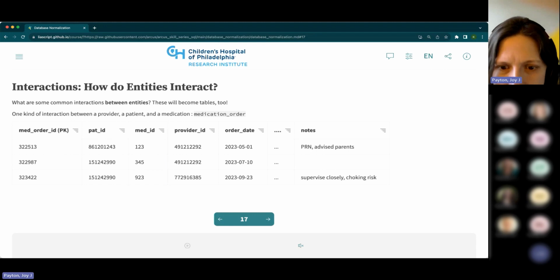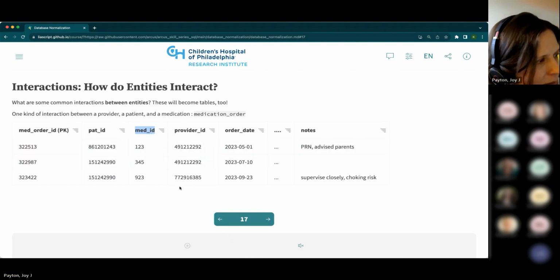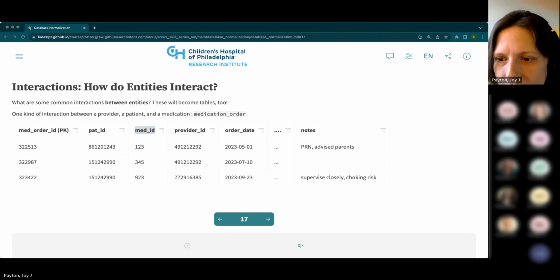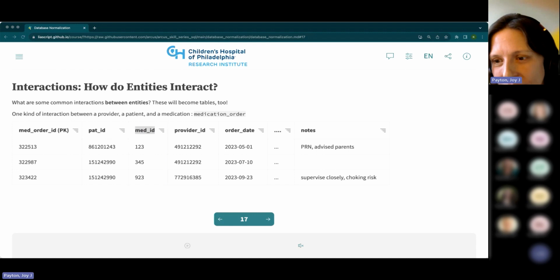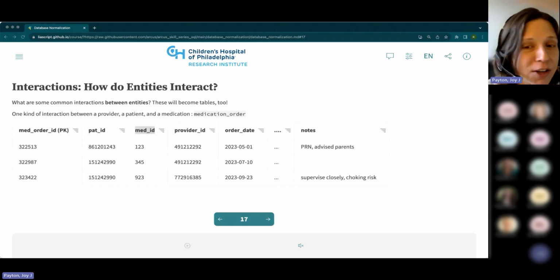And similarly, what about med underscore ID? That's the medication ID. Is that a primary key? It's not a trick question. The med ID, similar idea. So I have some, yes, it's a primary key. No, it's not a primary key. I can understand why both answers are out there.